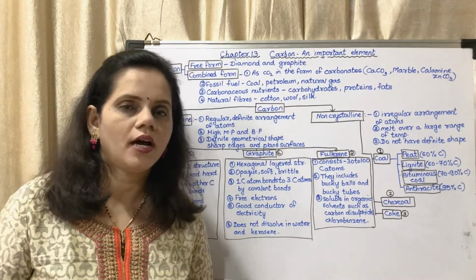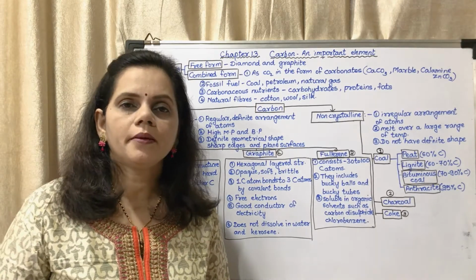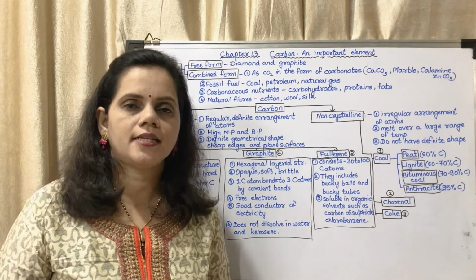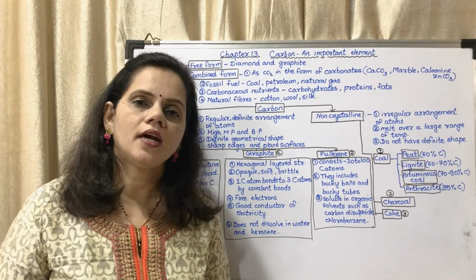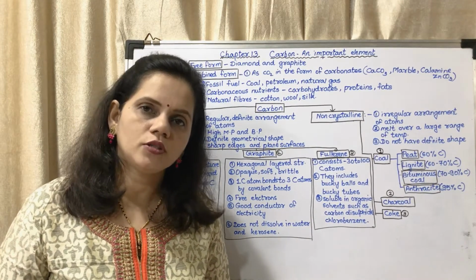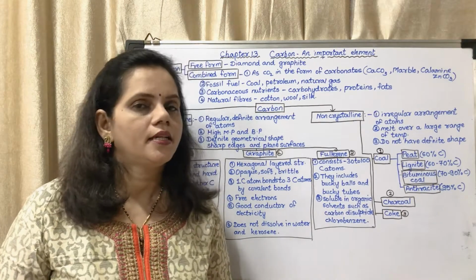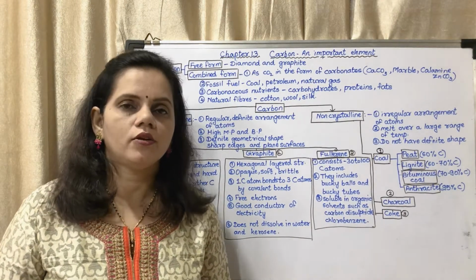I will tell you. The atomic number of carbon is 6. Its electronic configuration is 2, 4. So how many electrons are present in the outermost shell of a carbon atom? There are only 4.